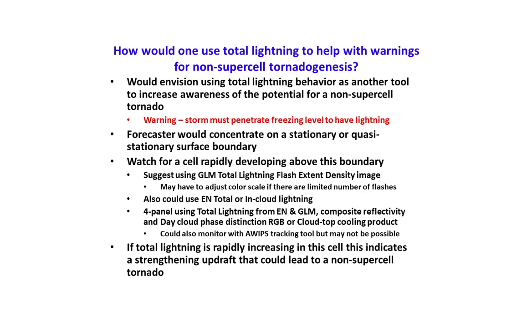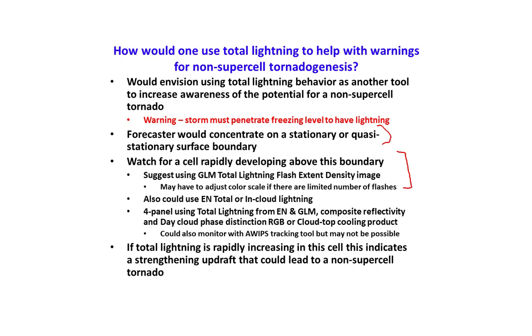How would you actually use this? Well, certainly you're not going to warn on something based on the lightning alone, but what this seems like, if you were aware there was a boundary around and you're monitoring it, it's a day with weak shear, and if you see a cell rapidly developing along this boundary, whether or not you may or may not be able to see any rotation because you could be too far from the radar.